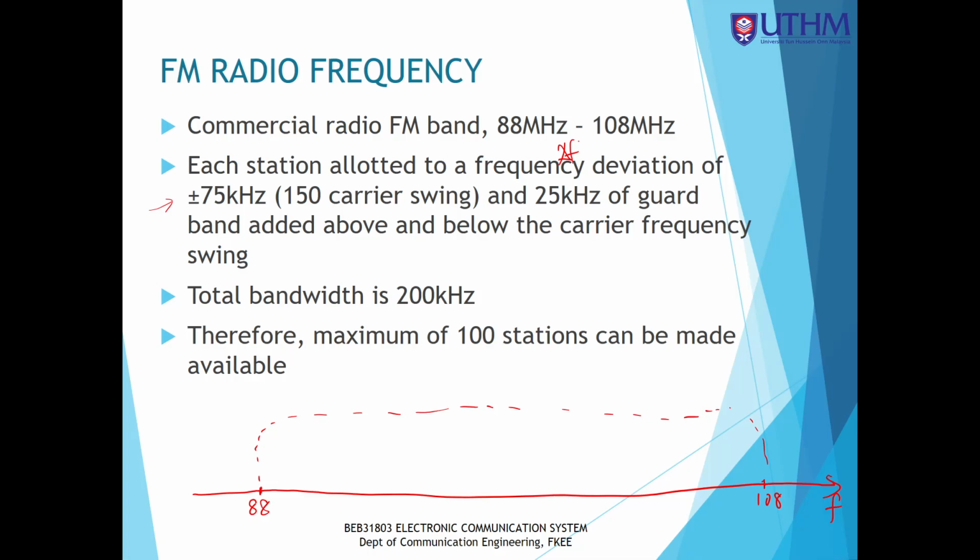It is said that for each channel or each radio station, for example here, we give an FC at a certain frequency, and the frequency deviation given is 75k, and also 75k.